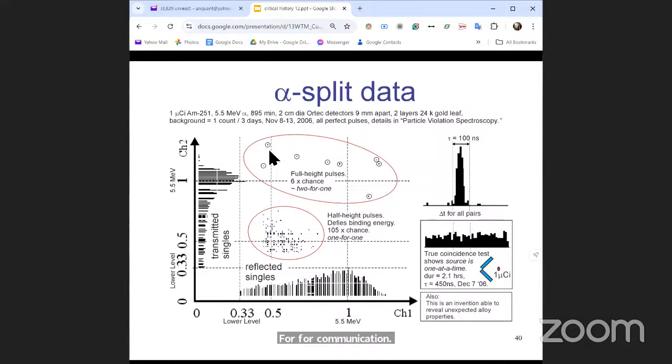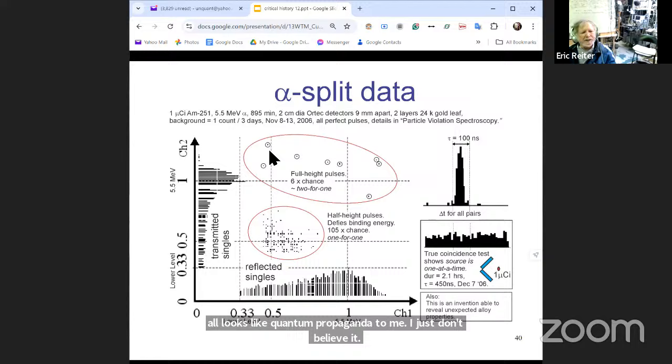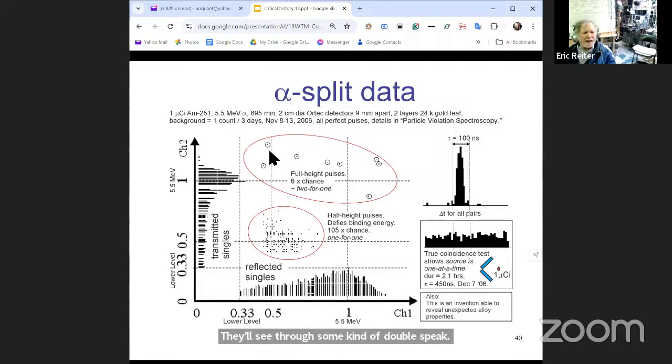Well, I've looked at those papers and explanations, and I tell you, it all looks like quantum propaganda to me. I just don't believe it. I expect that when people look deep into what they're really doing, they'll see through some kind of doublespeak and see that it's the theory ahead of the experiment that they're pushing.